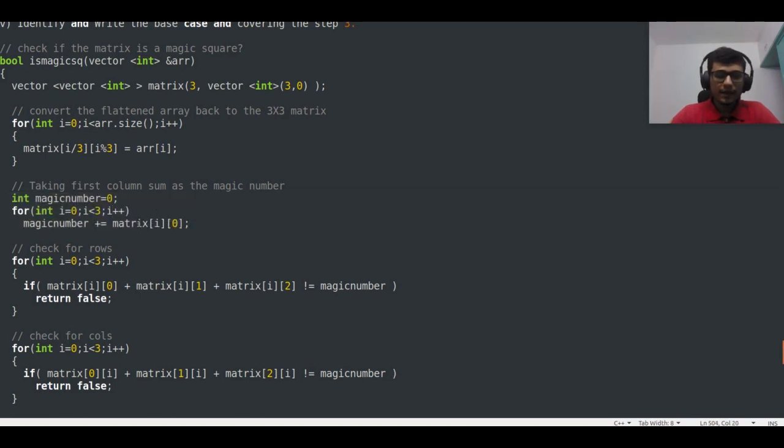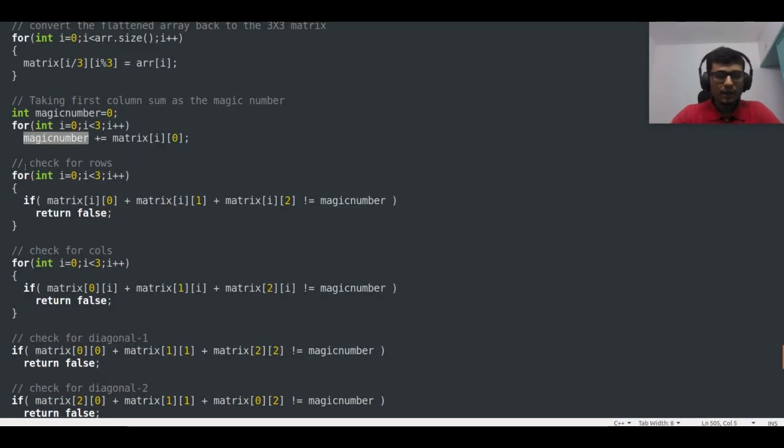After doing that, if the matrix that we are currently considering is a magic square, then the sum of values in other rows, columns and diagonals should match this magic number. That is what is done here. Here we are checking for the rows. We have this variable I which goes from 0 to 2, and for each value of I we'll check that particular row.